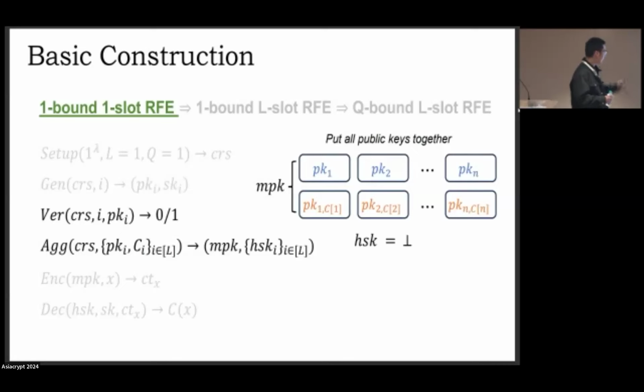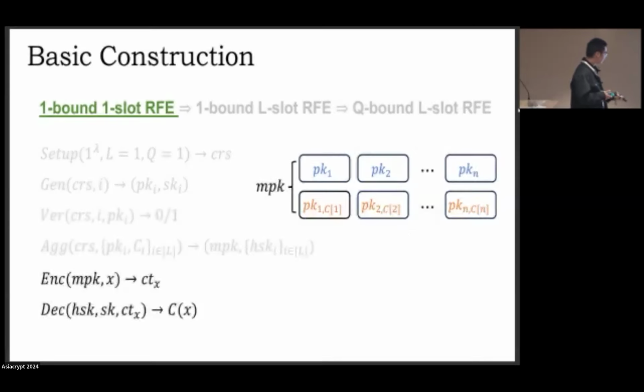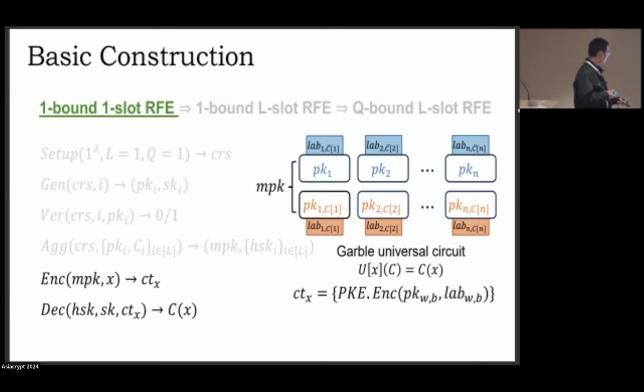Then we put all these public keys together to form MPK. Here, HSK is set to be empty. It's useless in this setting. So with this MPK, for encryption, the first step is to garble a universal circuit that takes this circuit as input, and this will also generate 2n labels.